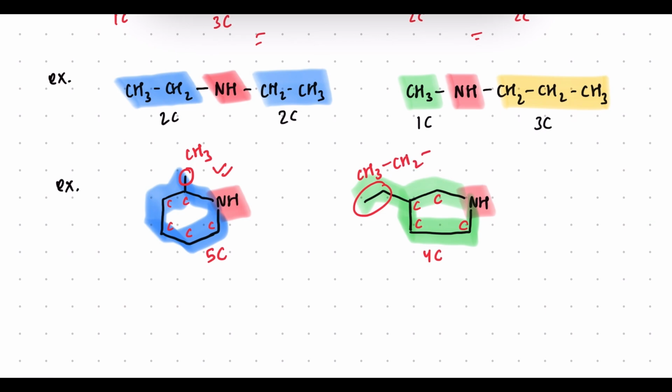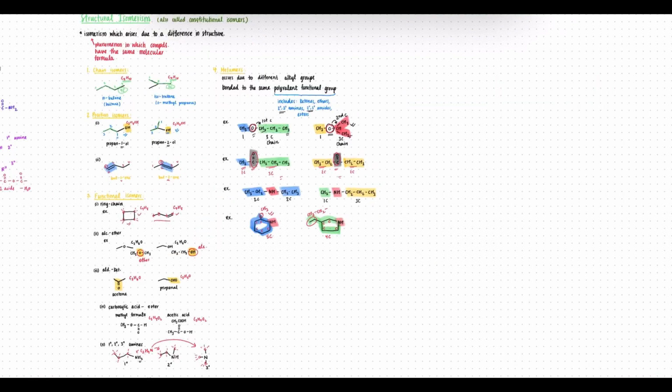Now, if you just compare both of these, the blue highlighted and the green highlighted portion, you can automatically tell that the alkyl group bonded is different. And since the alkyl groups bonded to the same polyvalent functional group are different, we can call these metamers. So that's it for this video about structural isomerism.